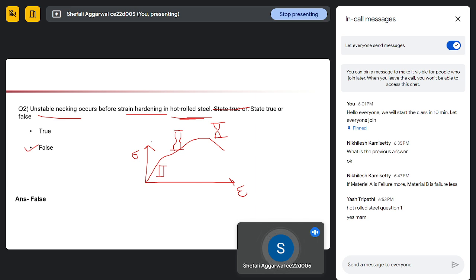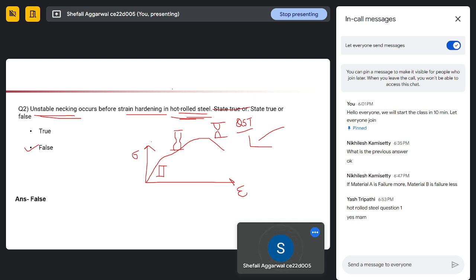Hot rolled steel is normally the type of steel that is quenched, the normal QST steel will be our hot rolled steel. So the type of necking or failure in this steel will be proper and won't be unstable.